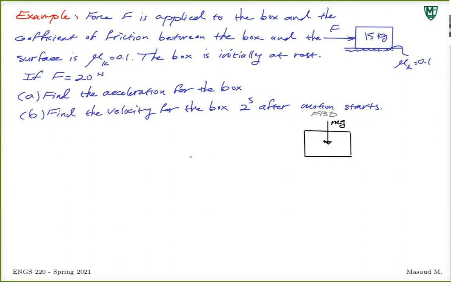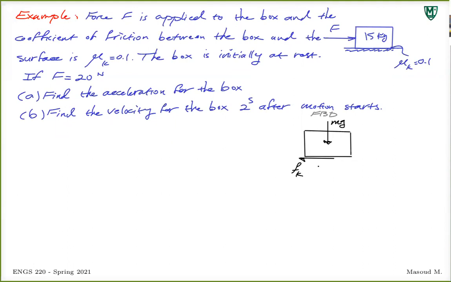So if the force is applied towards the right on this box, possible motion would be to the right, so friction should be to the left. So that's friction, Fk.